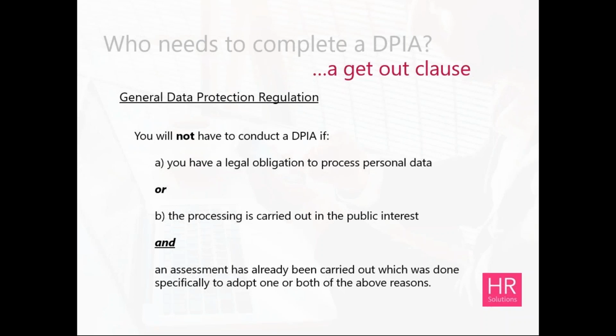So if you have either of those things and an assessment has already been carried out, and that assessment was completed when trying specifically to adopt compliance with this legal obligation that you have, or this need to serve the public interest, then you won't have to do one again. Okay, so I'm not sure how many people will think, yes, that's me, woo. But if it is you, then rah, and if not, then sorry. Better keep listening.